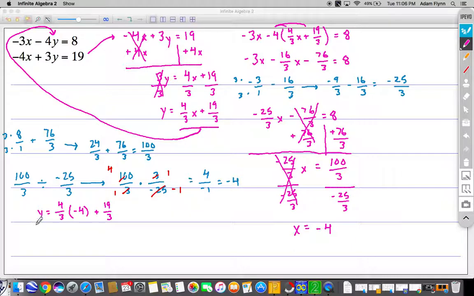So 4 over 3 times negative 4 is going to be negative 16 over 3. And then we're still adding 19 over 3. And negative 16 plus 19 is going to be a positive 3. Our denominator stays the same, will still be 3. And 3 divided by 3 is 1. So we get y equals 1. So we know these two lines cross at the point negative 4, 1.